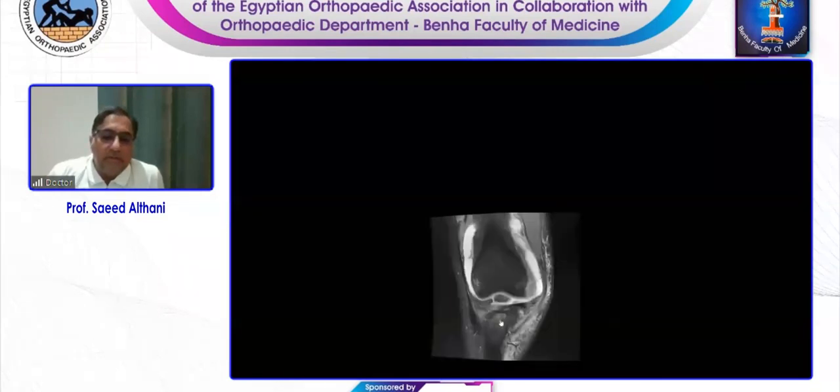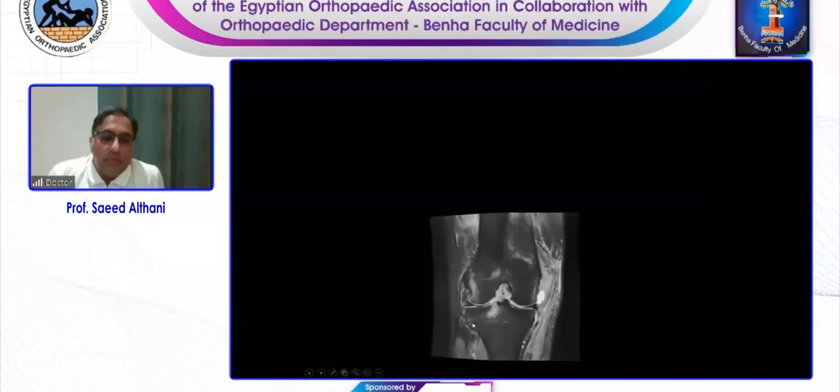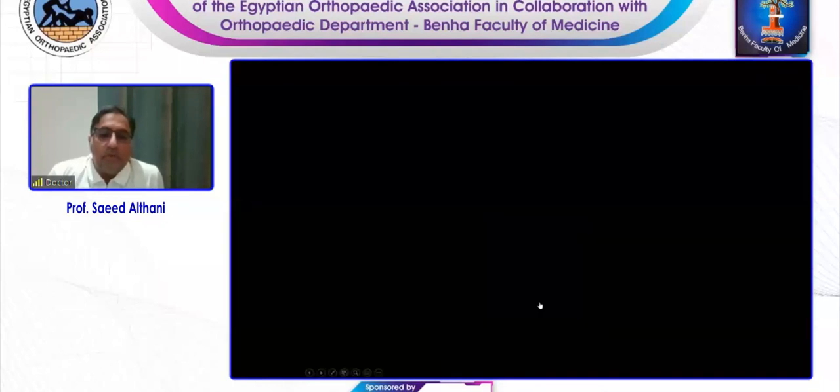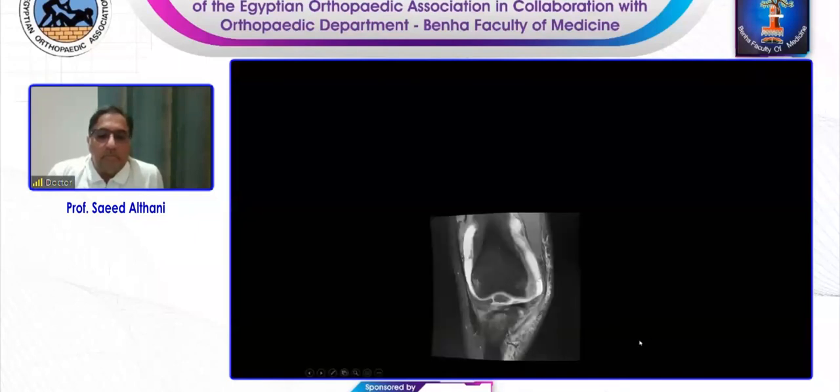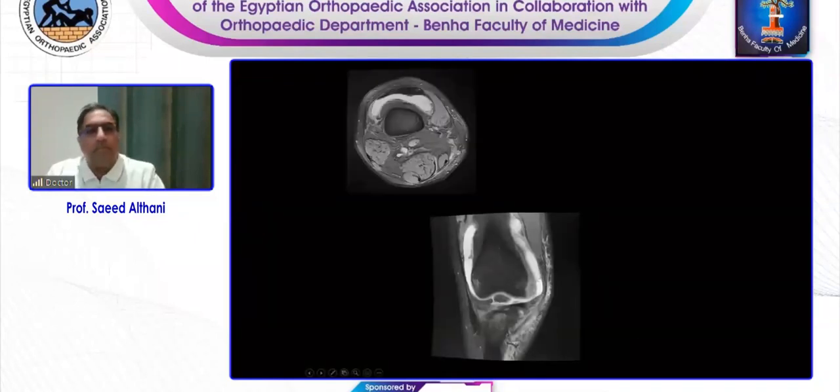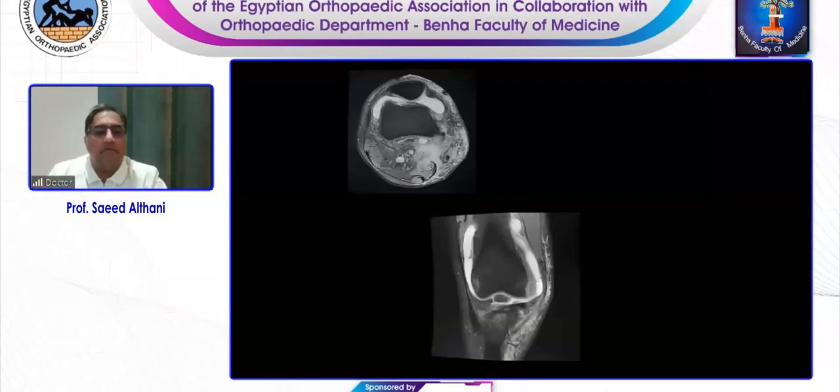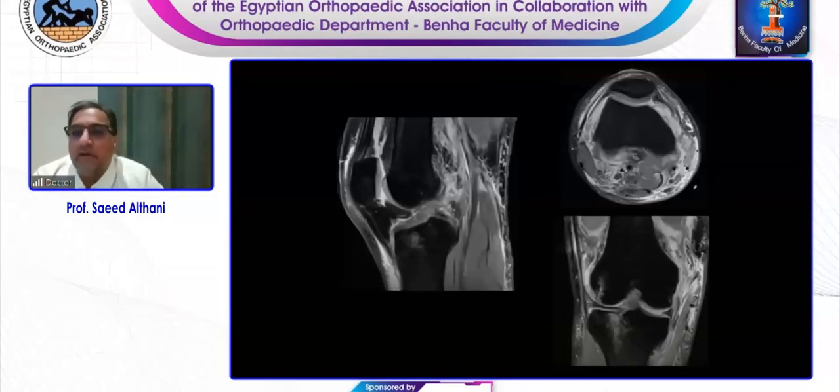These are pictures from the MRI done at the time of the injury, and it confirmed a multi-ligament injury, which is not what we see every day. It is what we get in a car accident or a high energy injury.